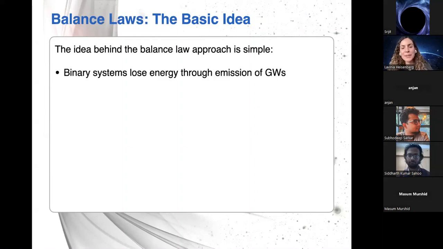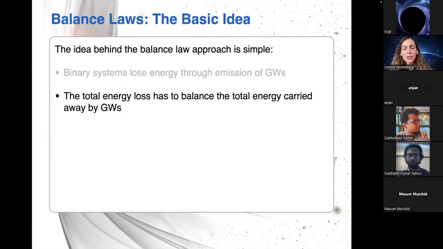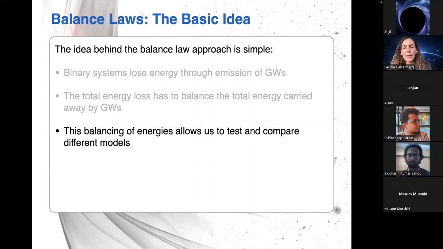Binary systems lose energy because they emit gravitational waves. And the total energy loss has to be balanced by the total energy carried away by the gravitational waves, right? This makes total sense. And this balancing of energies allows us to test and compare different models.